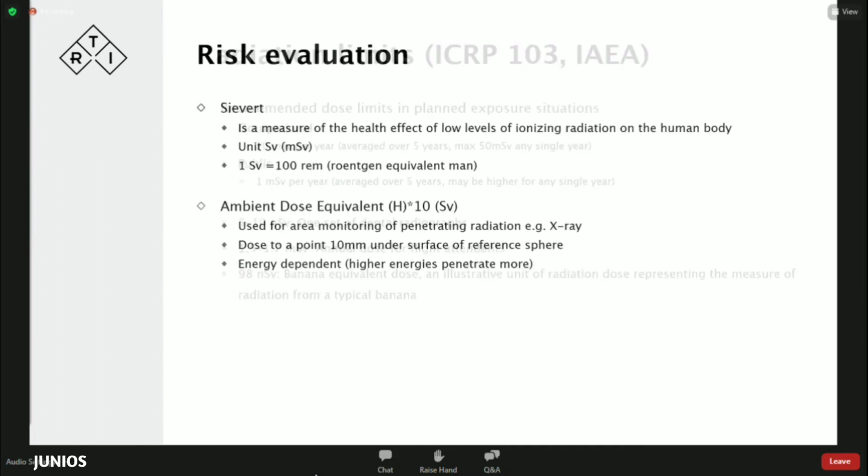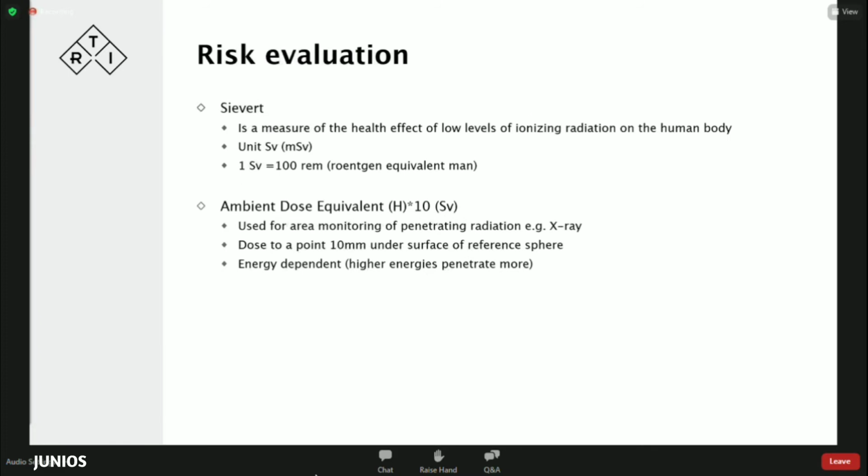Okay, so now let's talk about risk evaluation. For risk evaluation, we are using two units of measurement. First is the sievert. The sievert is a measure of the health effect of low levels of ionizing radiation on the human body.